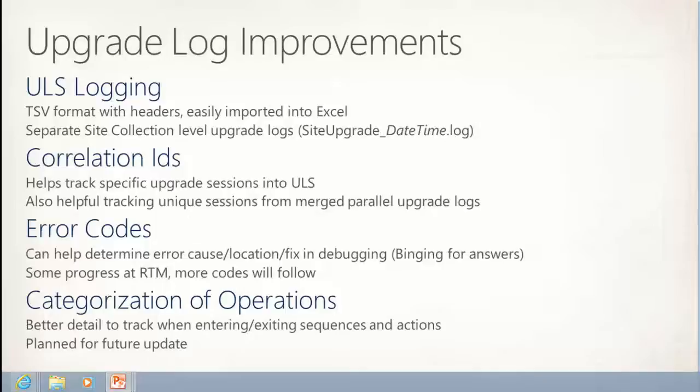I already mentioned there's a separate log for site collections. But the other thing that's in there, same as ULS, is correlation IDs. So when you do a session, there's this correlation ID tracking this particular upgrade session versus other upgrade sessions. We've made some changes to the error codes to put in actual information to help. Let's say you actually contact Microsoft and say, hey, this site collection can't succeed.